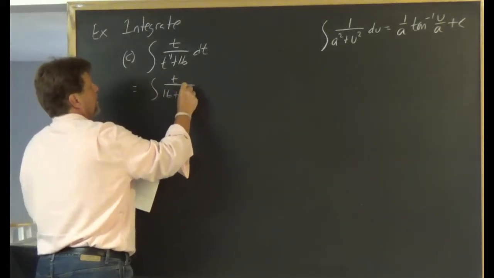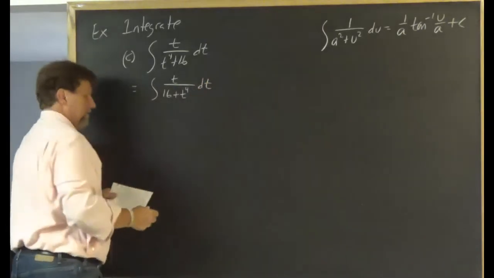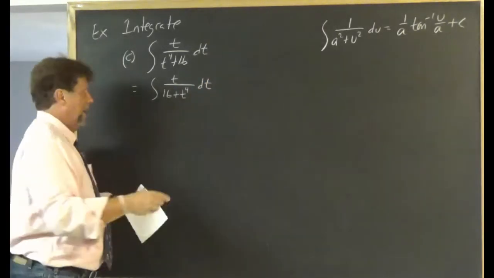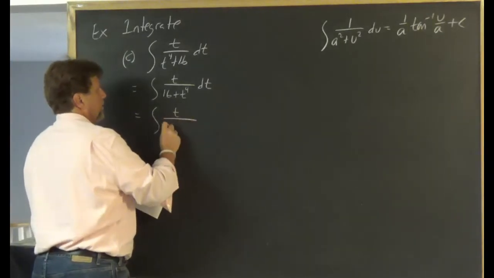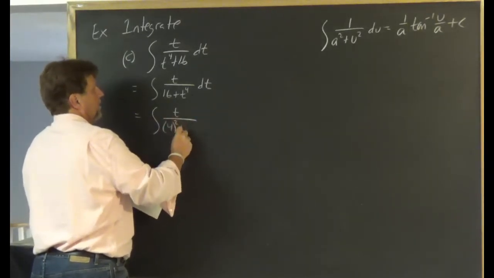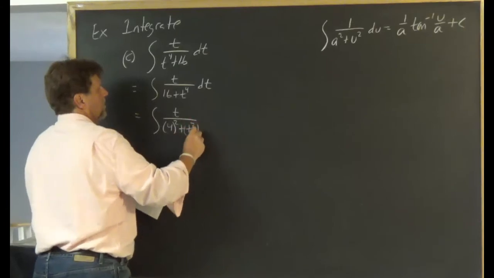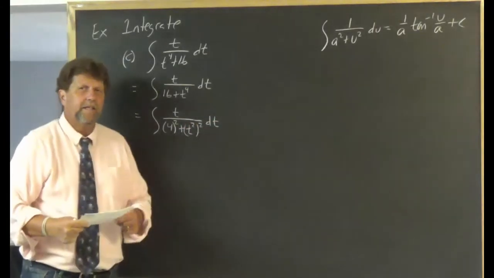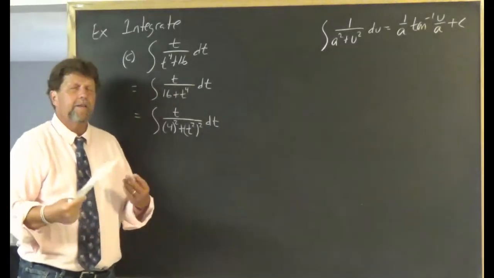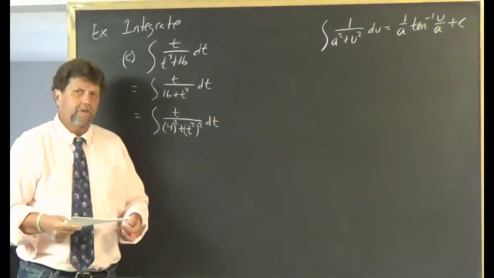That denominator could be written like that. In fact, the denominator could be written like that. Doesn't it now look an awful lot like the structure of inverse tangent?